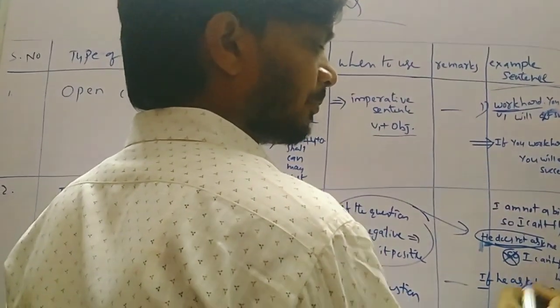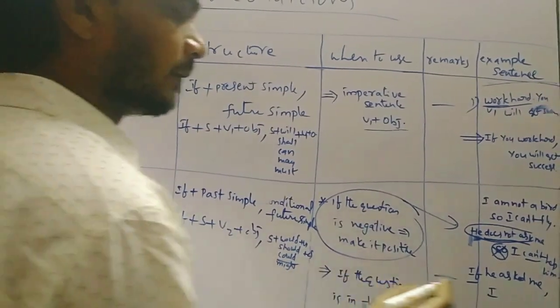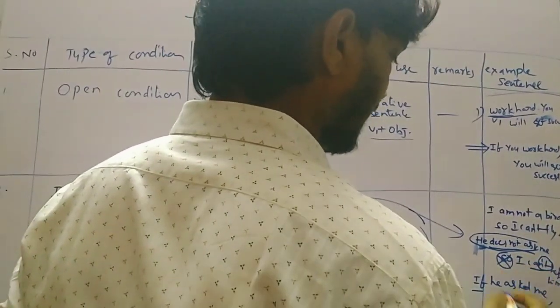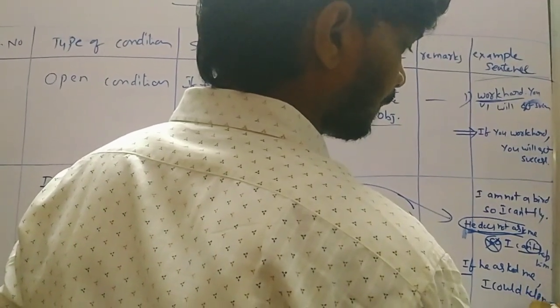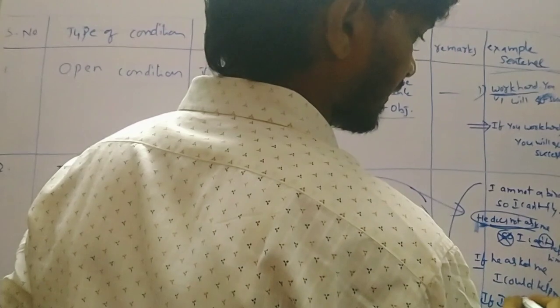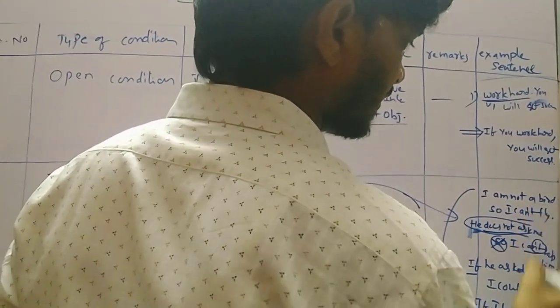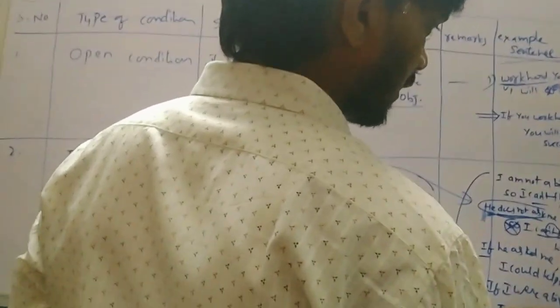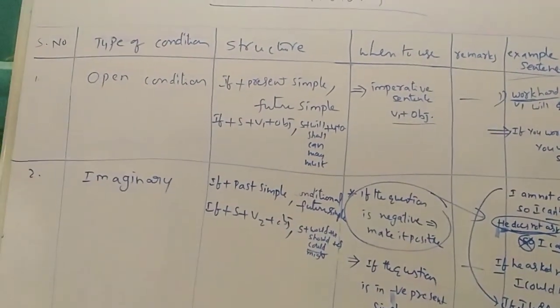If he asked me, can is used here, so use could. The sentence is negative, make it positive. So, I could help him. In the other sentence, the answer is: if I were a bird, here can becomes negative, negative becomes positive, I could fly. So this is the second condition.